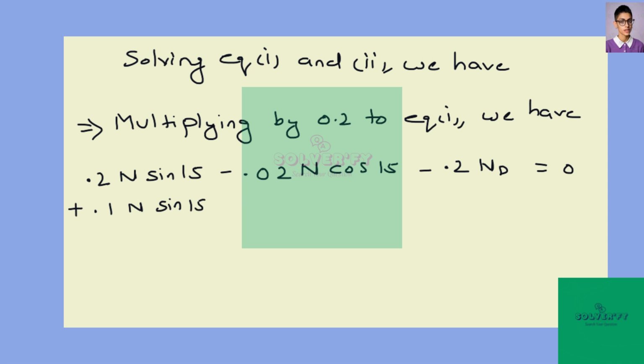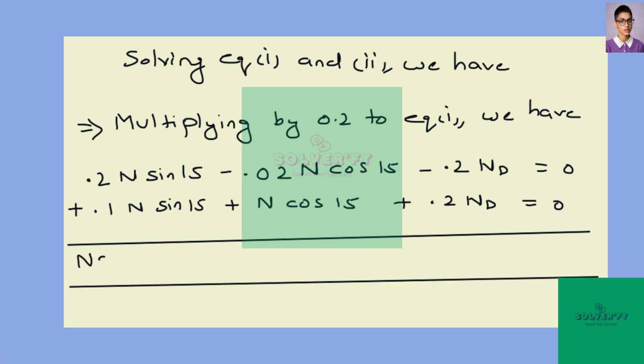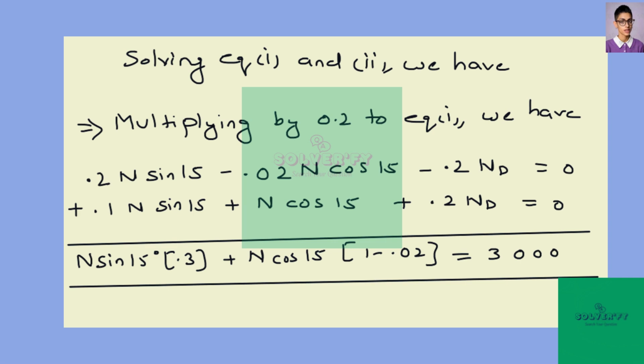Plus N cos 15 degrees plus 0.1 N sin 15 degrees plus 0.2 ND is equal to 3000. So on adding this, we get N sin 15 degrees times bracket 0.3 plus N cos 15 degrees times bracket 1 minus 0.02 is equal to 3000.